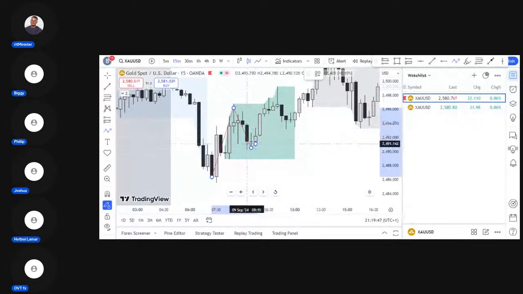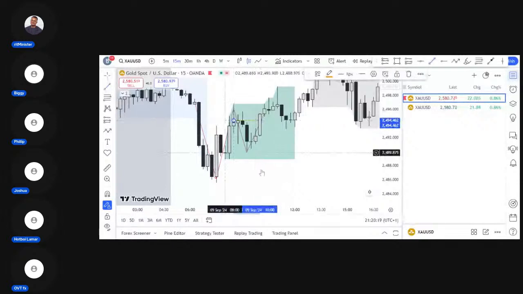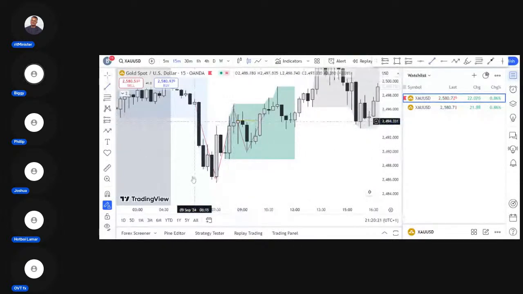Let's say we had a push down here, a push up here, something like this. So I'll be waiting for the market to take out this neckline here with this candle. So you can see that we have a W pattern. Then I was waiting for this neckline to break, and then I entered the trade. So I entered the trade here.